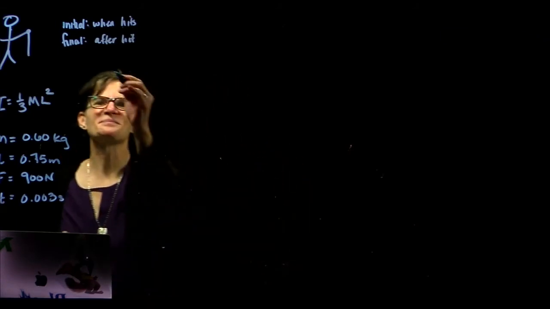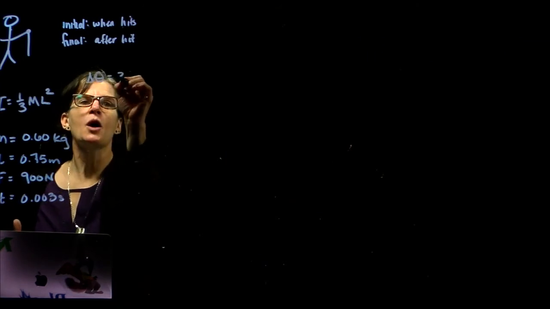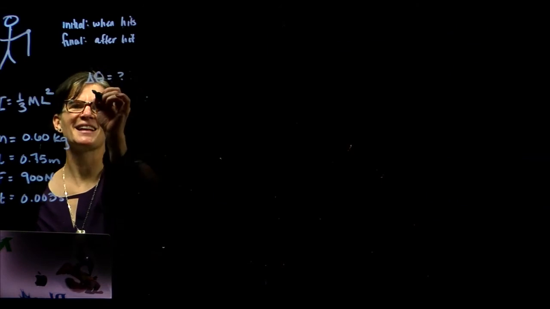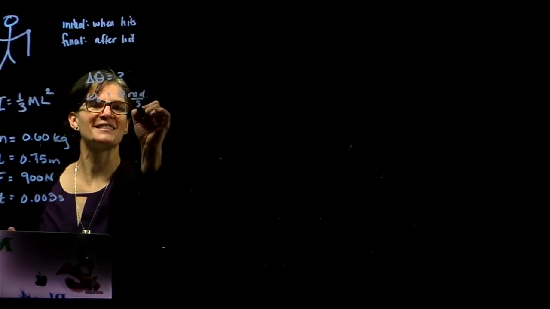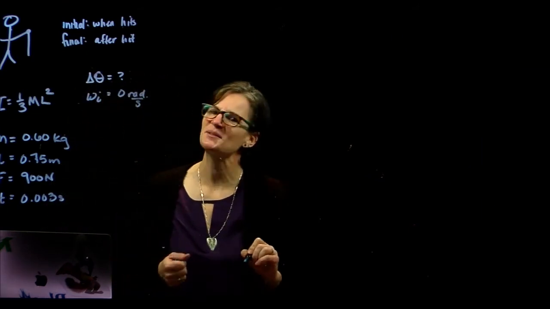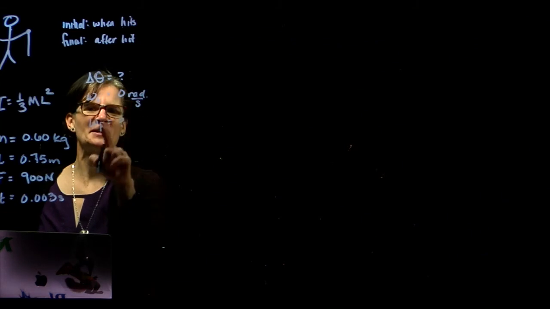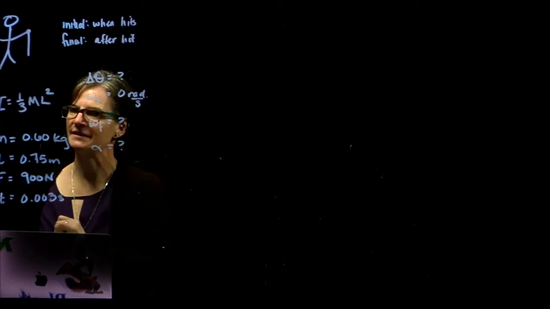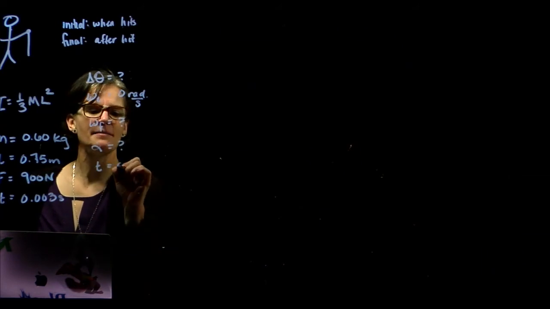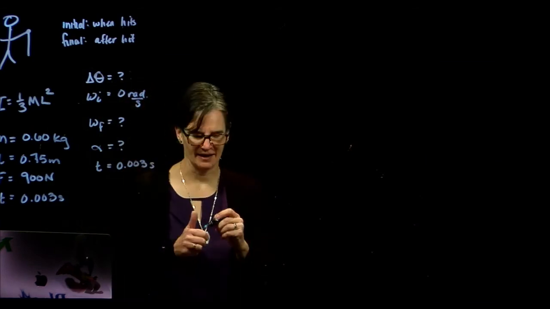All right. So what are our players of motion for rotation? Well, we don't know our angular displacement. That's not given. The baton is hanging at rest when she starts, so our initial angular speed is 0 radians per second. We don't know the final angular speed. That's what we're interested in. The acceleration, not given, but the time is 3 milliseconds, so 0.003 seconds.